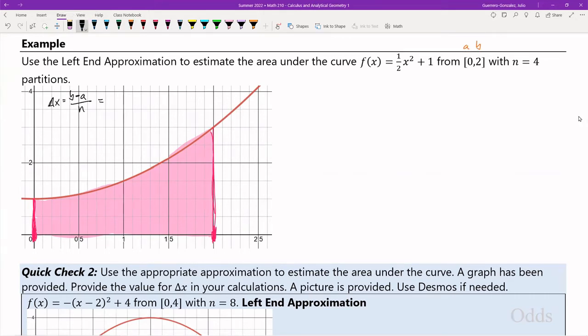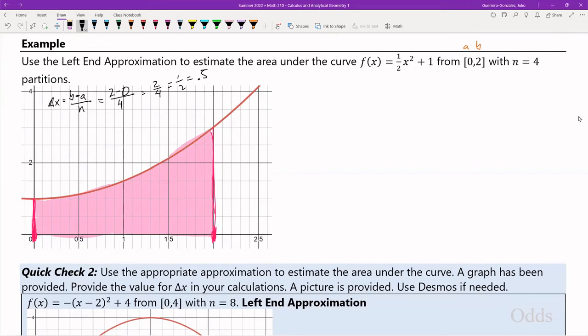So it's going to be 2 minus 0 over n, which is now 4. 2 over 4, 1/2, and I'm just going to go ahead and put 0.5. We know that our partitions are going to be 0.5 big.